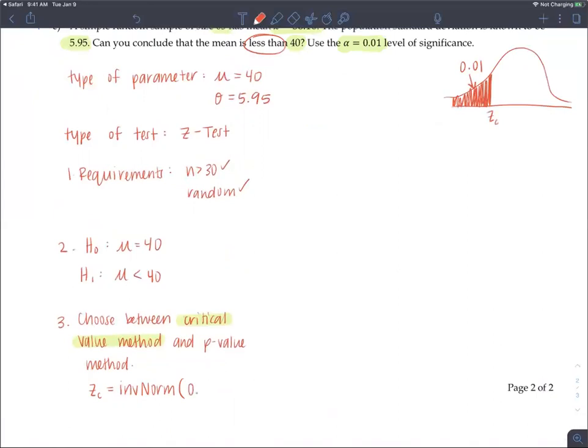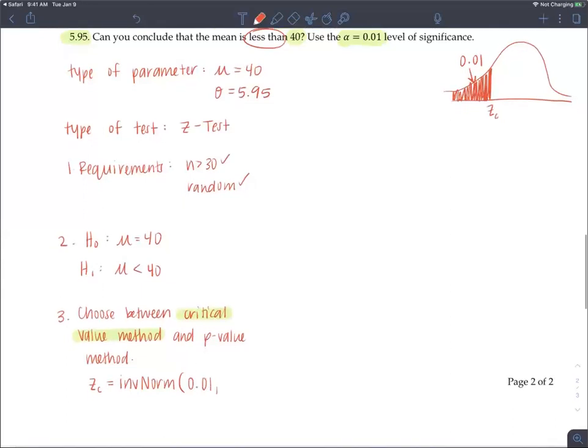Yeah, that 0.01. Then you put the mean and standard deviation for the standard normal curve, which are 0, 1.